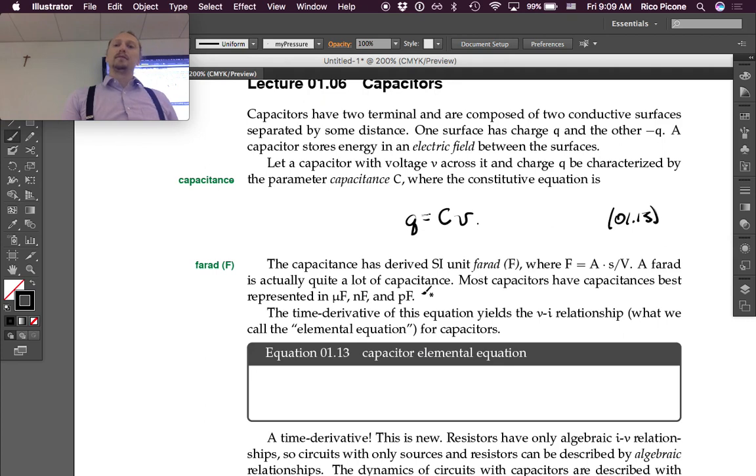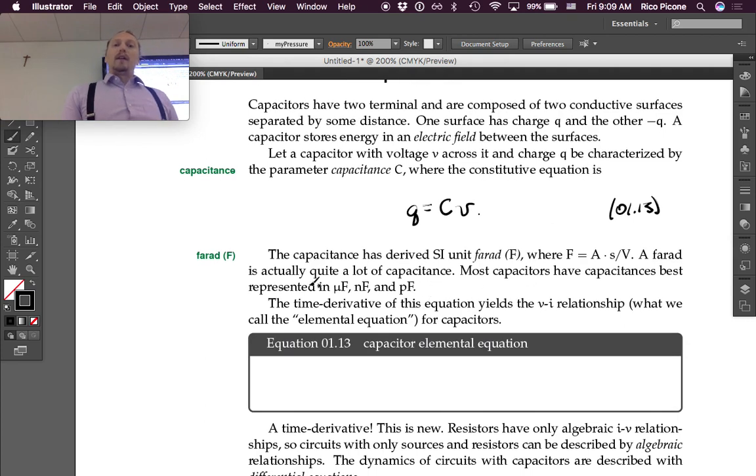So a farad is actually quite a lot of capacitance. Most capacitors have capacitances best represented in microfarads, nanofarads, and picofarads. Okay? So small. What's pico? 10 to the minus 12. That's right. It's also the beginning of my last name. So that was also an acceptable answer. Great.